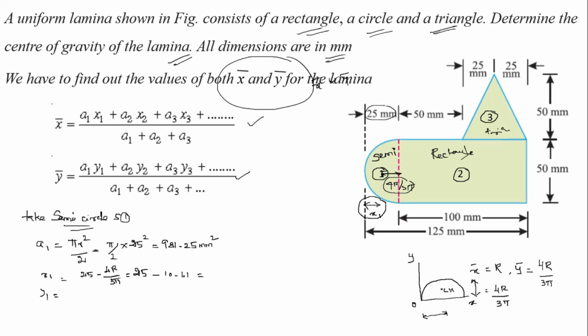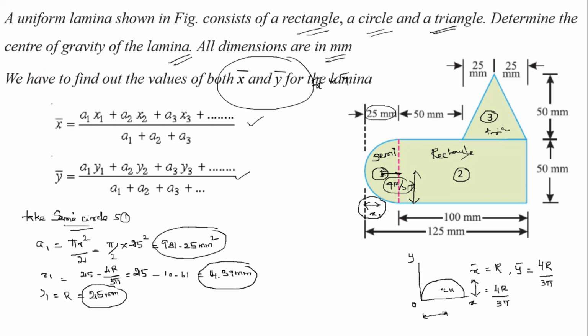So 25 minus 10.61 is equal to 14.39 mm. And y1 is equal to the radius r, which is 25 mm. So A1 is equal to 981.25, x1 is equal to 14.39, and y1 is equal to 25.